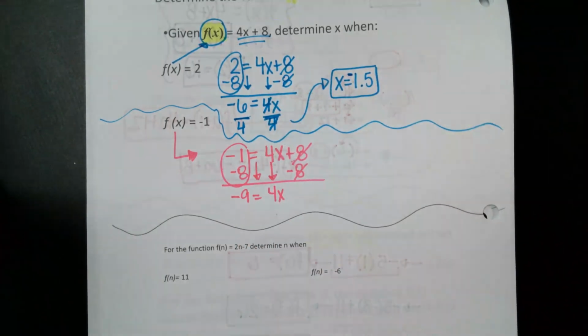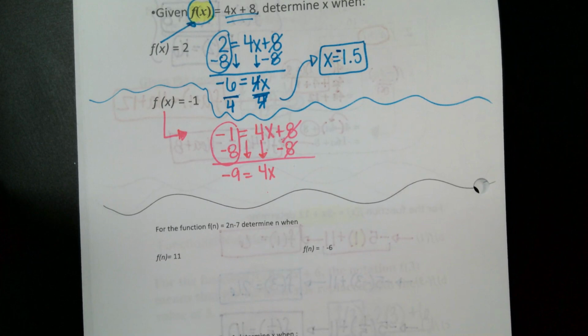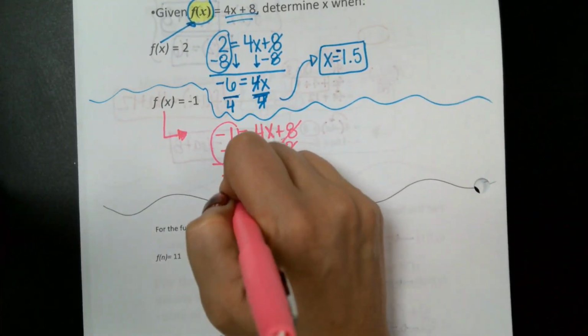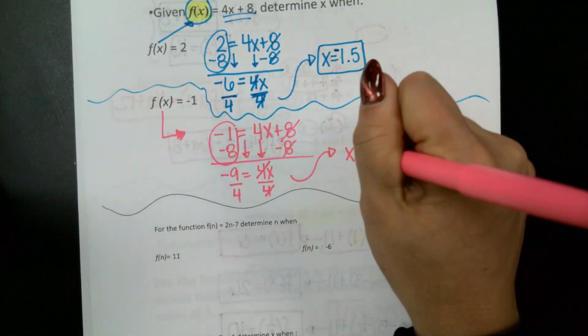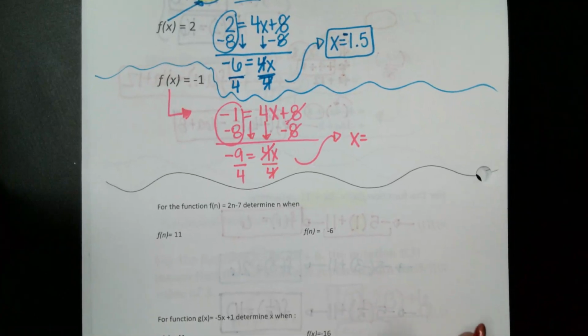Yep. So negative 9 equals 4x, and then we're going to divide by the 4. Just type in negative 9 divided by 4. Somebody besides Colton, tell me what the answer is.